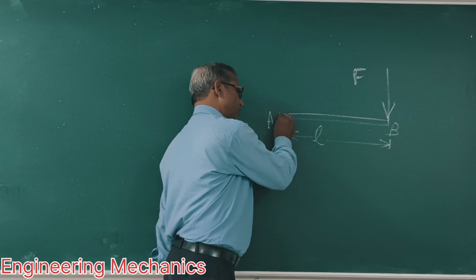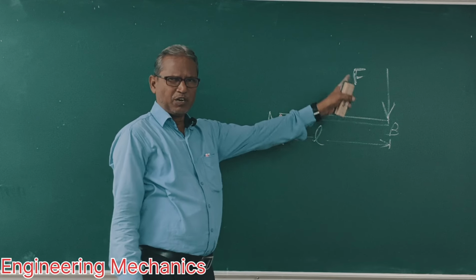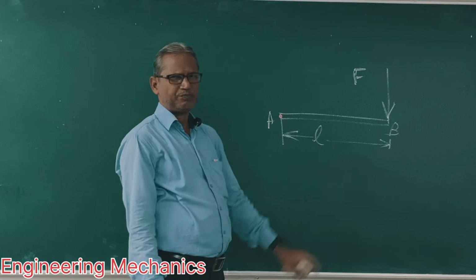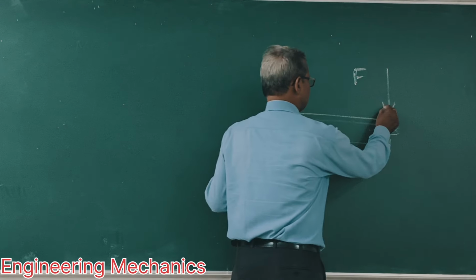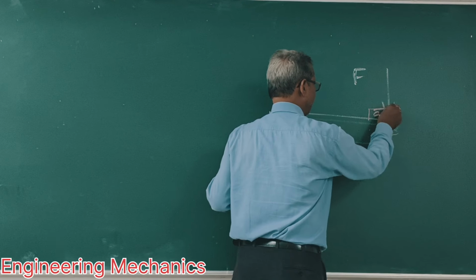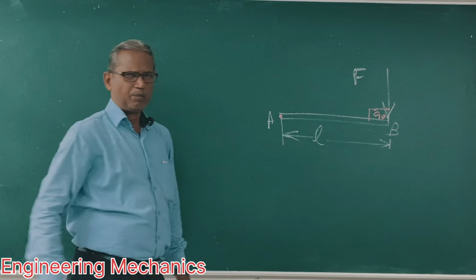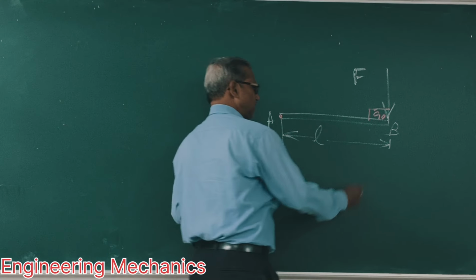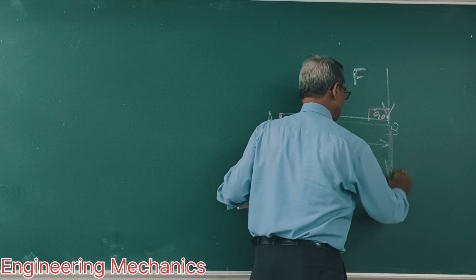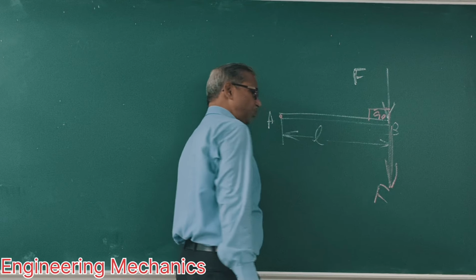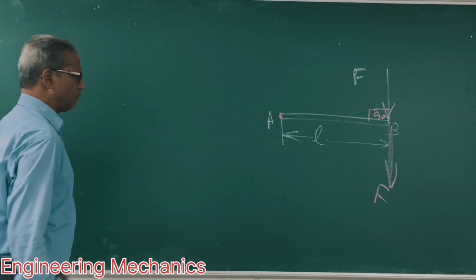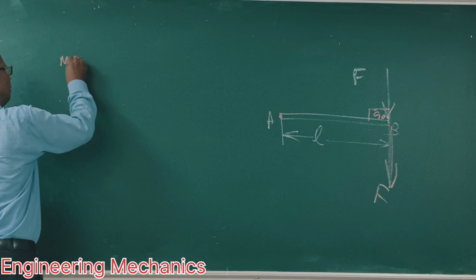This is point A. We will find out the moment of force F about point A. So this is the perpendicular distance, 90 degrees. L is the perpendicular distance. This is force F. So what is the moment about A equal to?